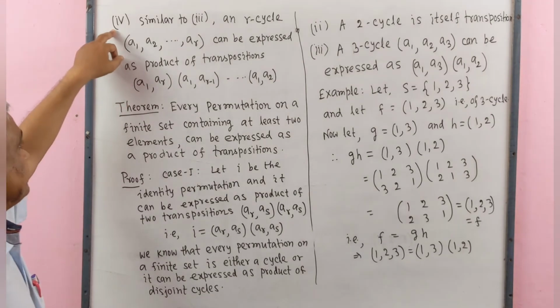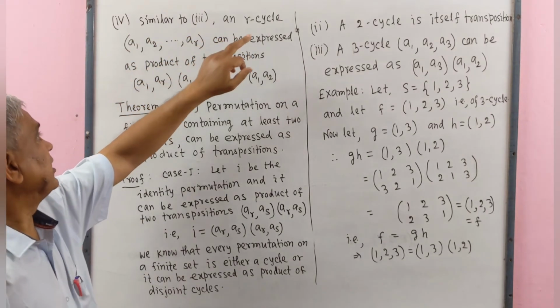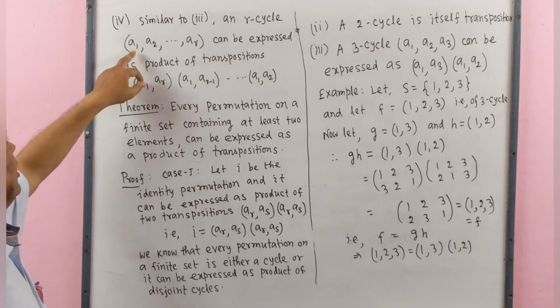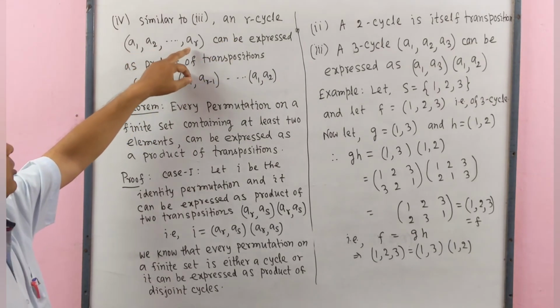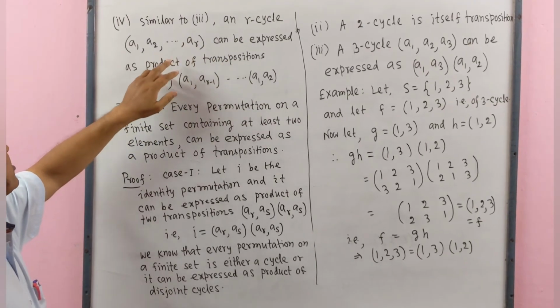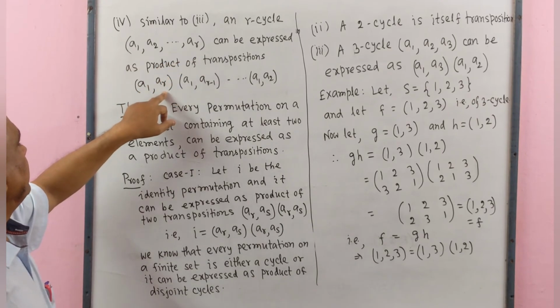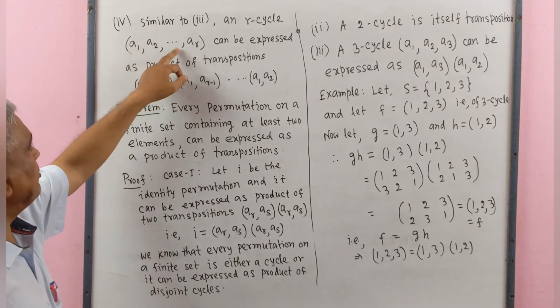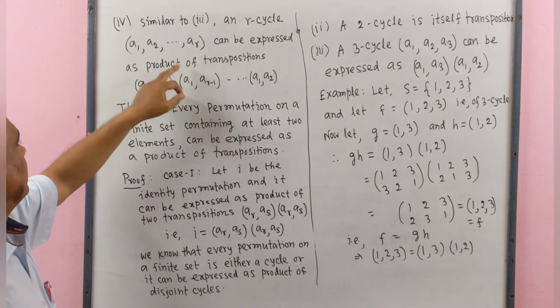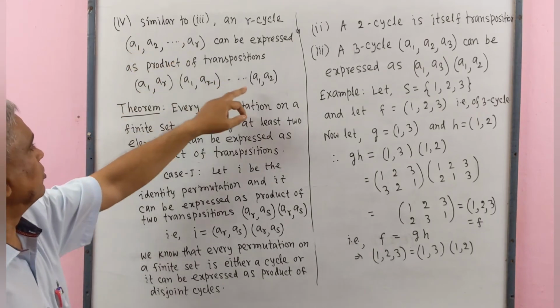Number 4. Similar to 3, an R-cycle (A1, A2, ..., AR) can be expressed as product of transpositions (A1 AR), then (A1 AR minus 1), then lastly (A1 A2).